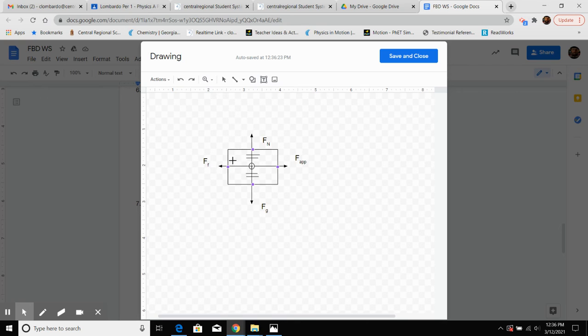And now I'm going to insert two lines to show that these two are equal. Click line, down. It's not where I want it to be. Click down, cool.